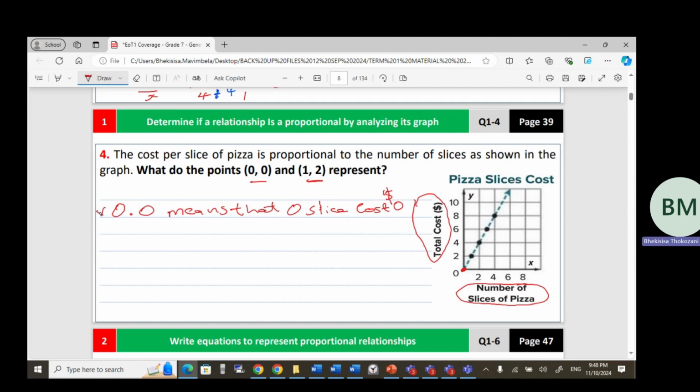So let's look at the next one. This is 1 is to 1. So for 1 is to 1, sorry, 1 is to 2 means that for every 1 slice, it will cost $2.